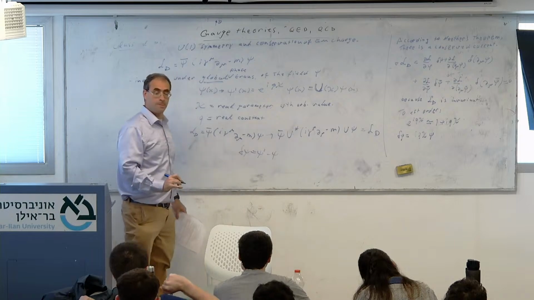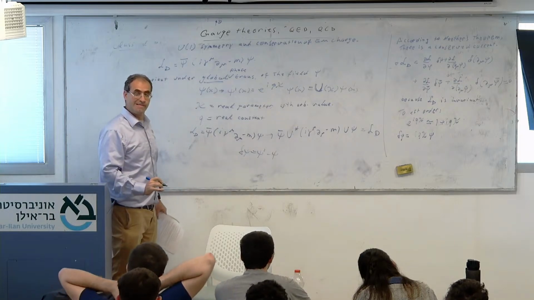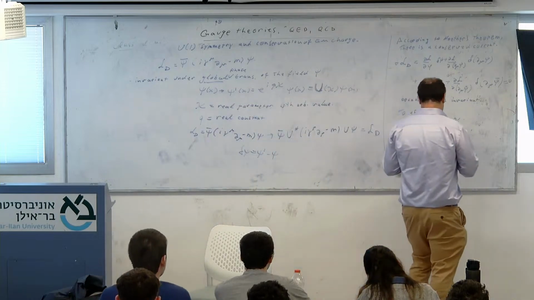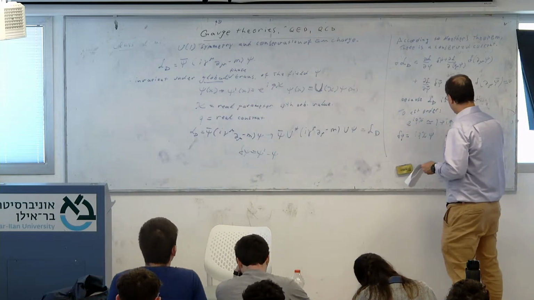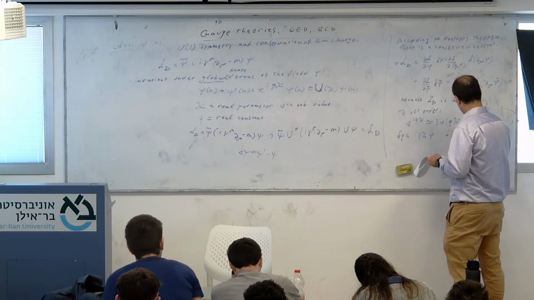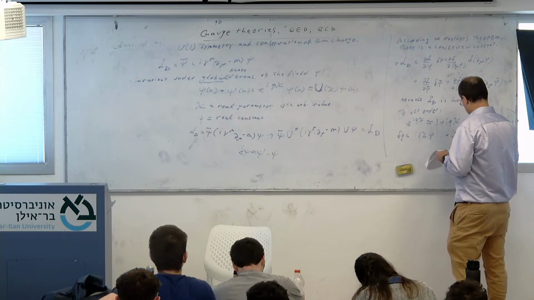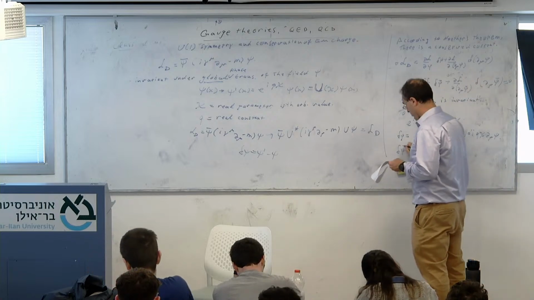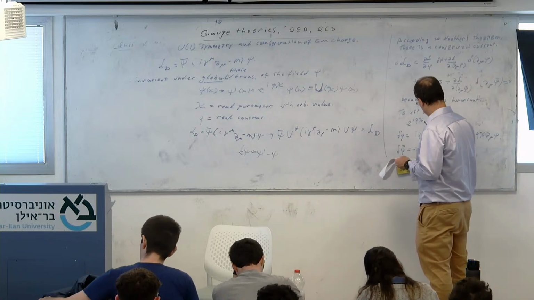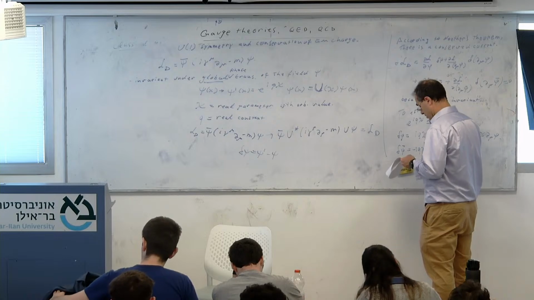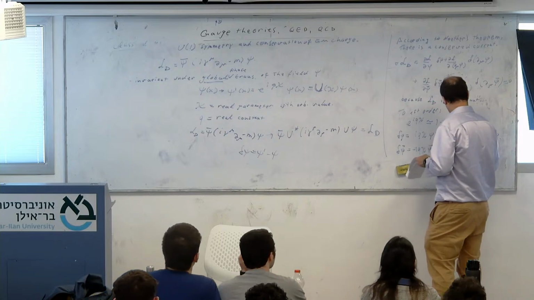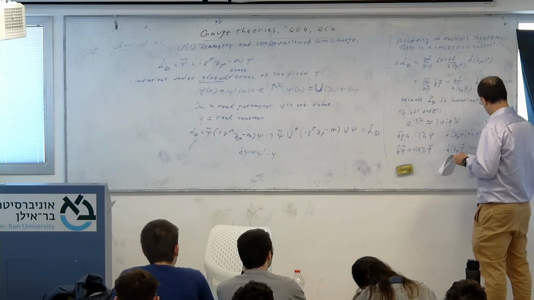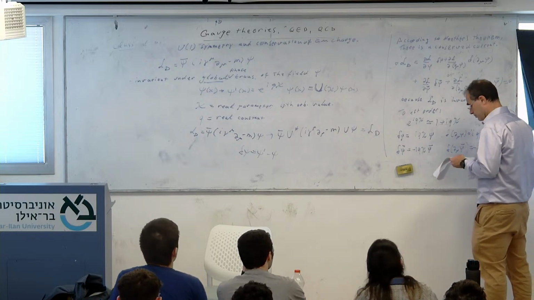That's delta psi. Yes? Similarly, delta of d mu psi is i q chi d mu psi. Delta psi bar is minus i q chi psi bar, and delta d mu psi bar is minus i q chi d mu psi bar.